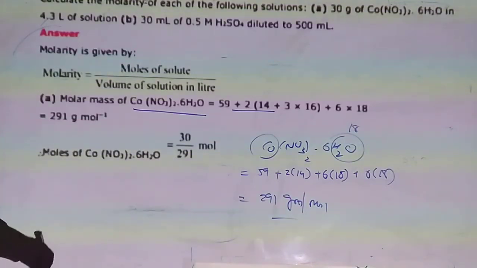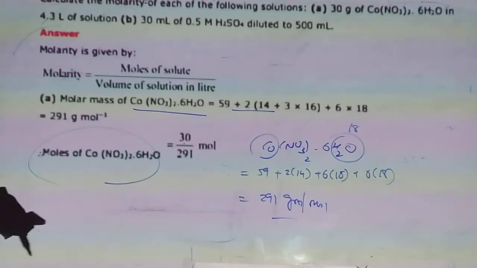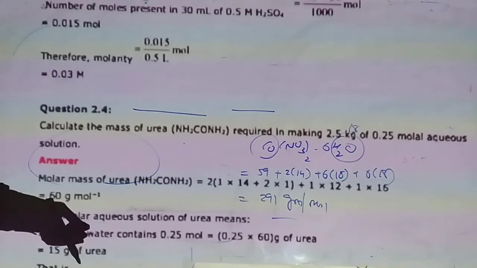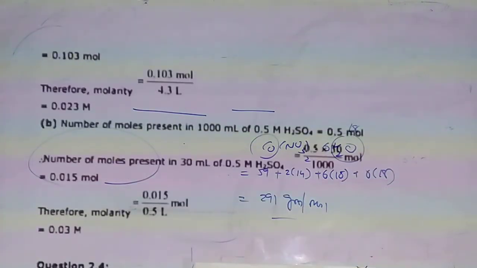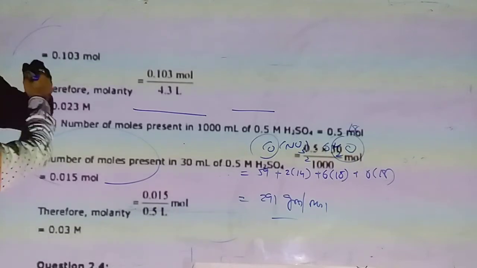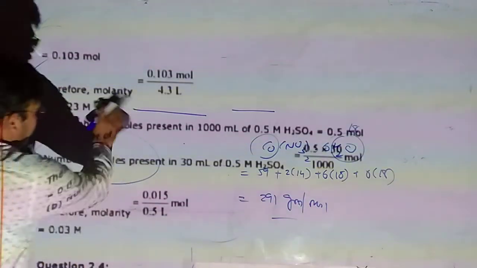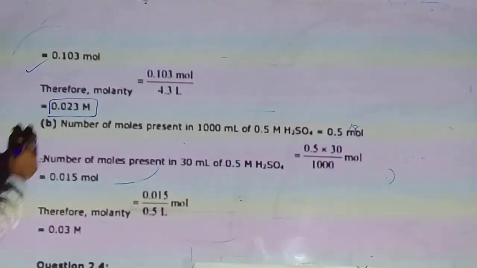Now mole of hydrated cobalt nitrate is 30 gram upon 291. So it is 0.103 mole, and mole divided by liter. Liter is 4.3 given. So mole per liter gives molarity 0.023.